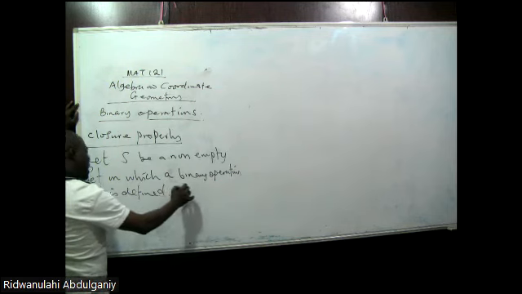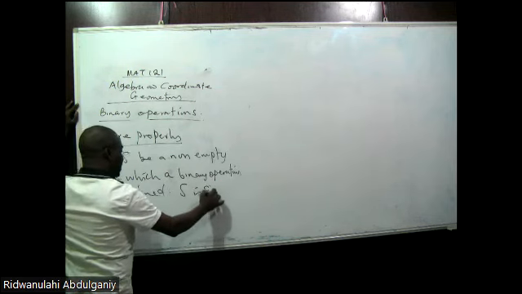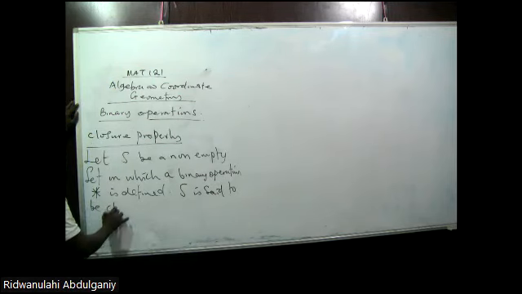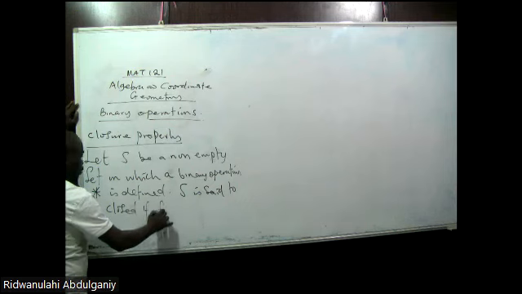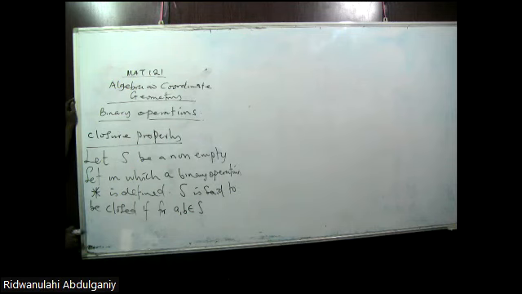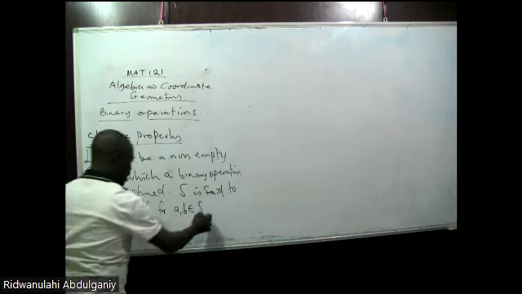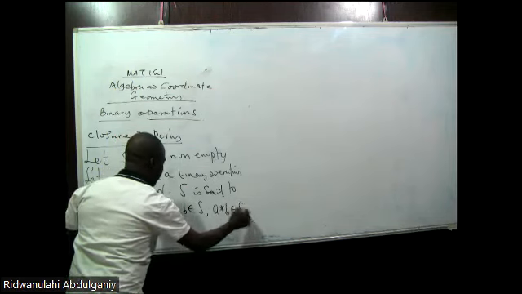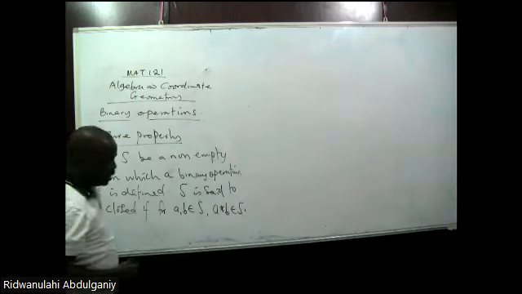Full stop. S is said to be closed if for A, B members of S, that is, you pick any two elements in S, A operation B is also a member of S. Full stop.